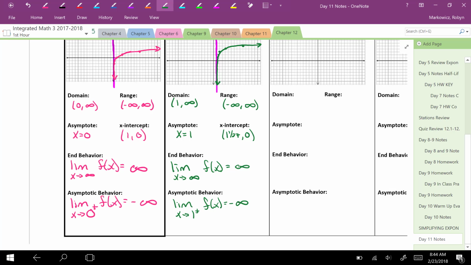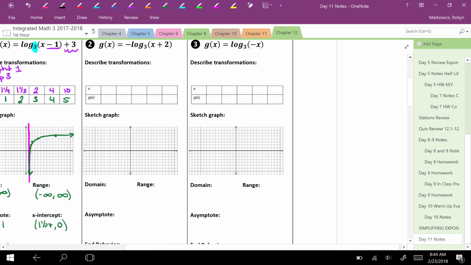Yep, and if you're writing them both, if you just want to put an arrow down, that'd be fine for me. So one is the end behavior, where it's at the end of the graph. The other one is where it is at the asymptote. So you only need to write one for each. Make sense? Questions? All right.